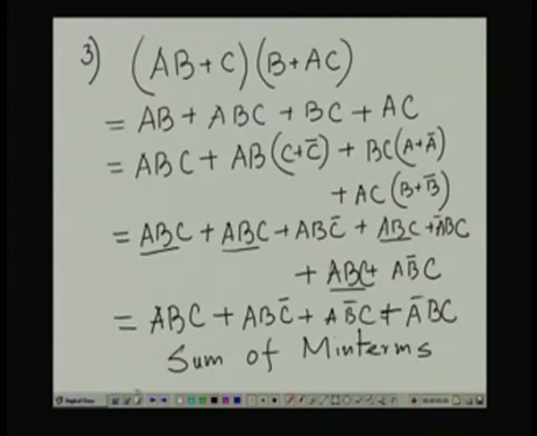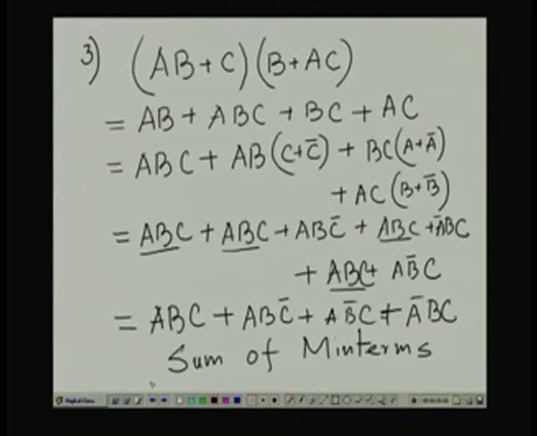Now, we see how we can write this as a product of max terms. Before that, another way we can represent this: the terms are A B C bar, A B bar C, A bar B C. In min term form we can write 0 0 0, 0 0 1, 0 1 1, 1 0 0, 1 0 1, 1 1 0 and 1 1 1.